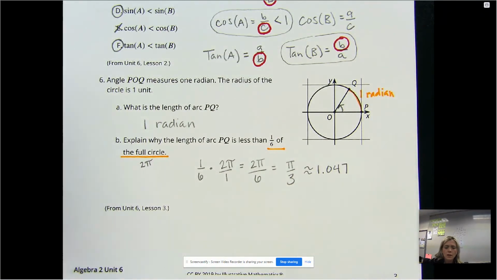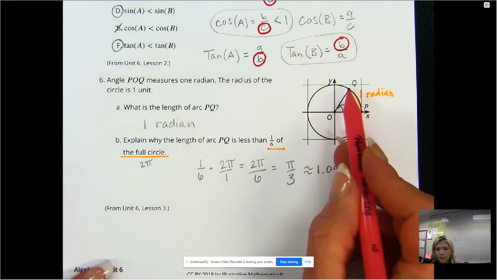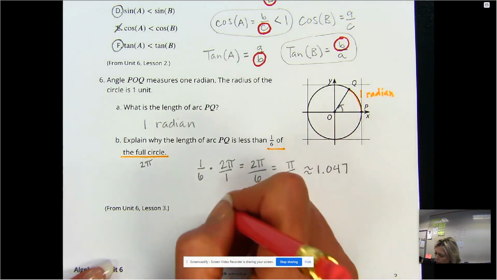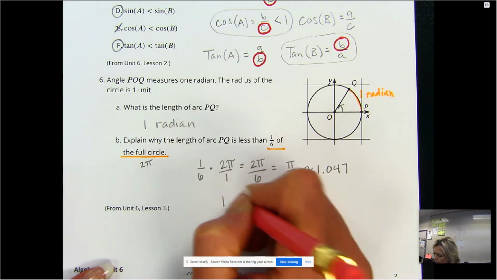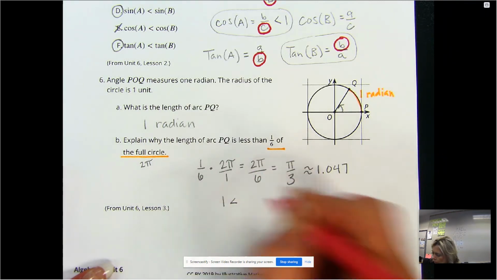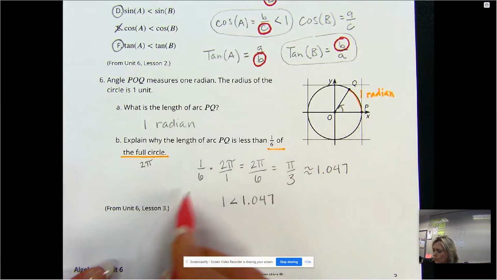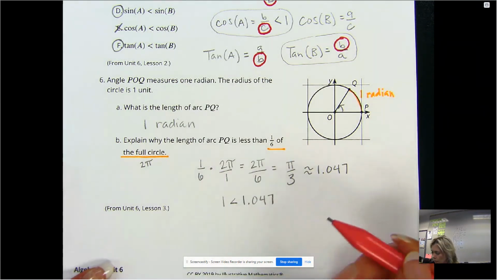So 1/6 of the full circle is about 1.047, which is slightly more than this arc, which has a radian of 1. So since 1 is the length of the arc, it is less than 1.047, which is 1/6 of the entire circle.